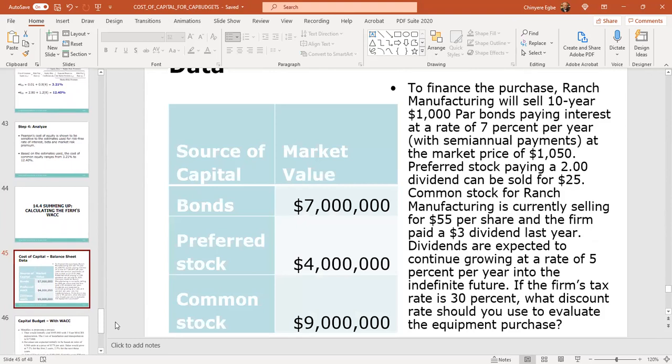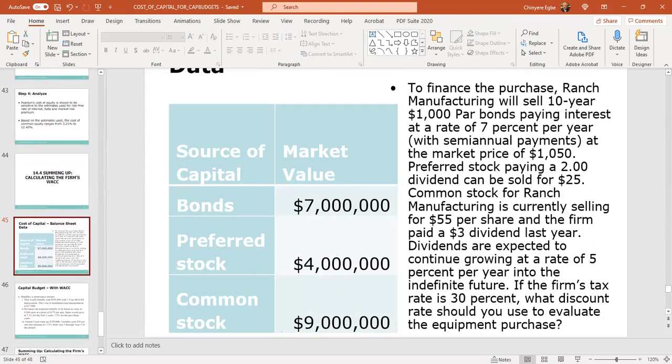Okay, I'm not going to solve this problem through, but here you have a problem where you have source of capital, and this is a partial balance sheet. We're going to take information from this partial balance sheet in order to decide the weights.